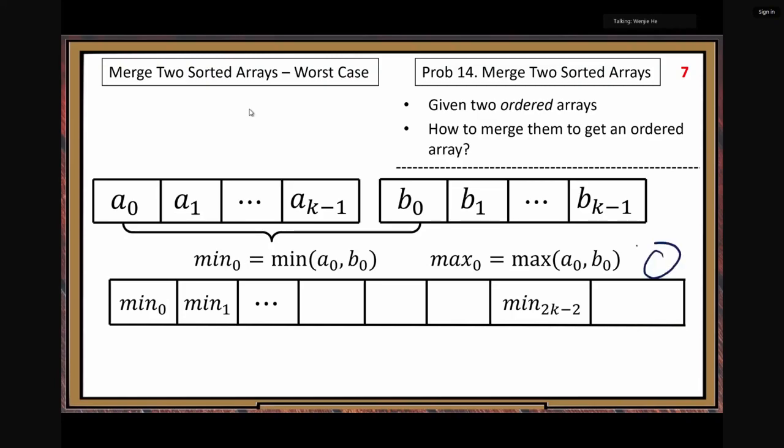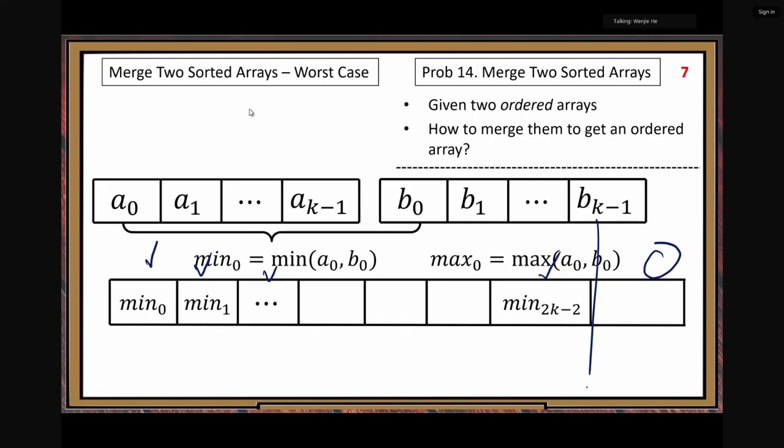So any location before the last element, you need one comparison. Then you can count the total number of comparisons. But it's for the worst case, not for the best case.